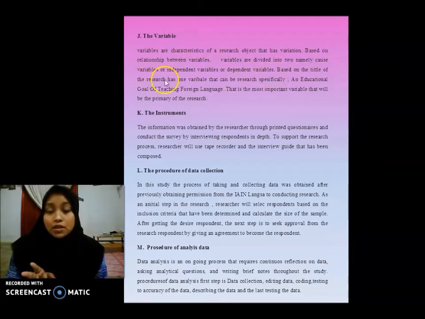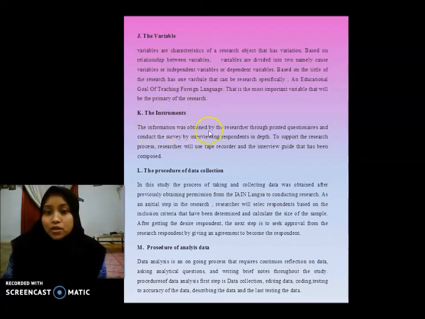Based on the title of the research, there is one variable to be researched, namely an educational goal of teaching foreign language. So that is the most important variable that will be the primary focus of the research. Next, the instrument.